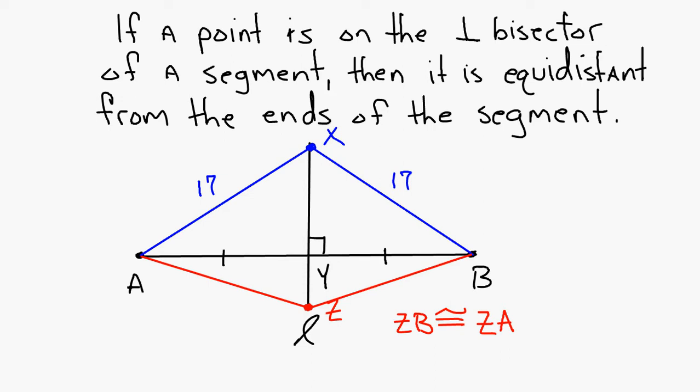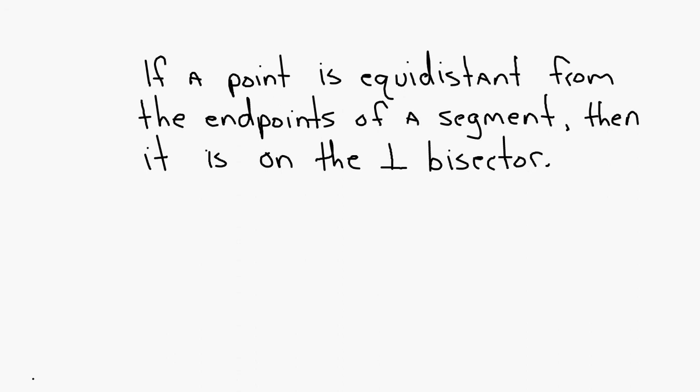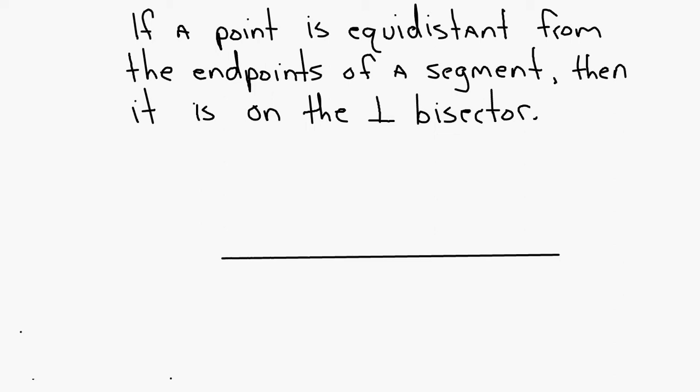So now the converse of that statement says that if a point is equal distance from the endpoints of a segment, then it is on the perpendicular bisector. So in this example or case, you could be given a picture and be asked to determine some other information.